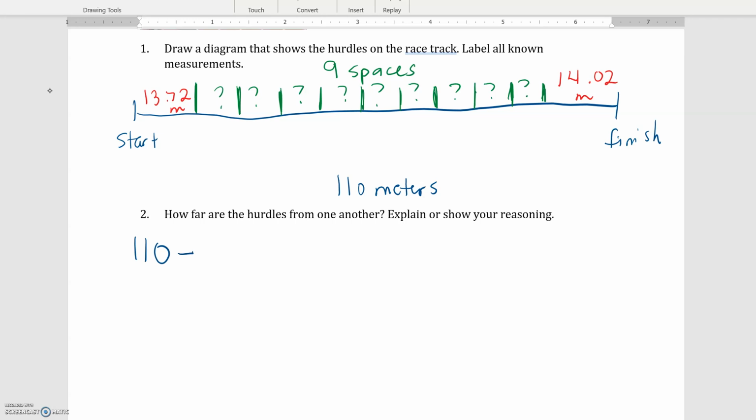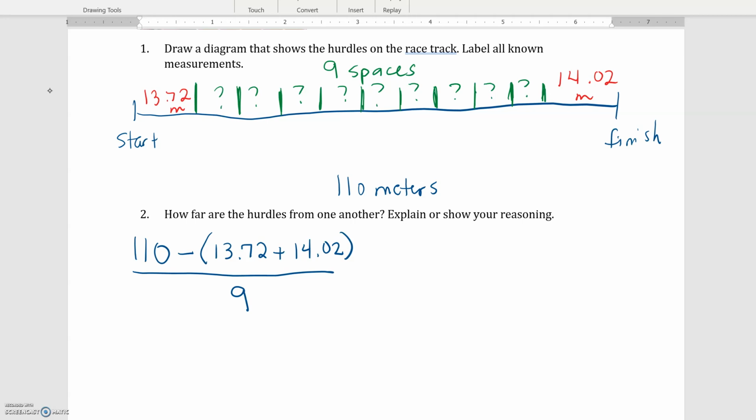I'm going to subtract the distance from the start line to the first hurdle added to the distance from the finish line to the last hurdle. So I'm going to subtract those two pieces off. And I notice that I have 9 equal spaces left. So to find how much is one space between two hurdles, I'm going to divide this all by 9.